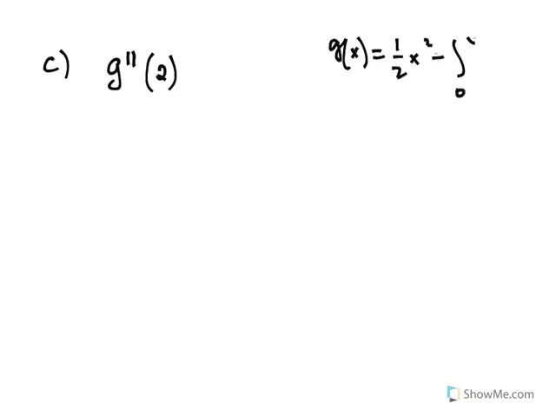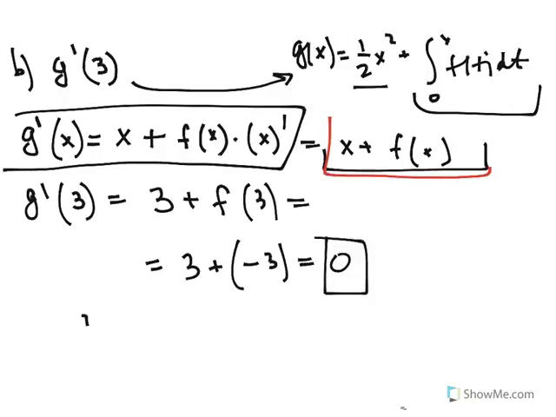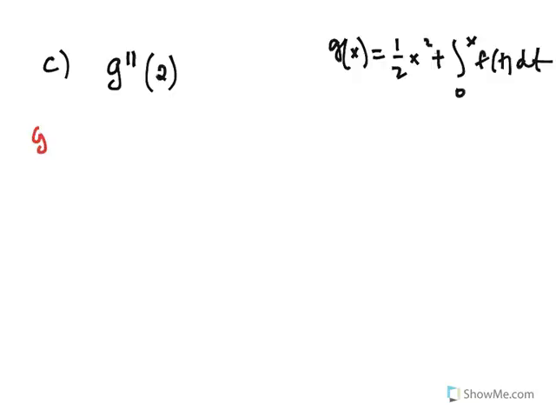Now I want to find g double prime of 2. Okay, so the given function is g of x, 1/2 x squared plus the integral from 0 to x. You probably know it by heart by now. We want to find the derivative, but we already did find it, remember? Right here, the derivative of g. Actually, I like this version better. So g prime of x equals x plus f of x.